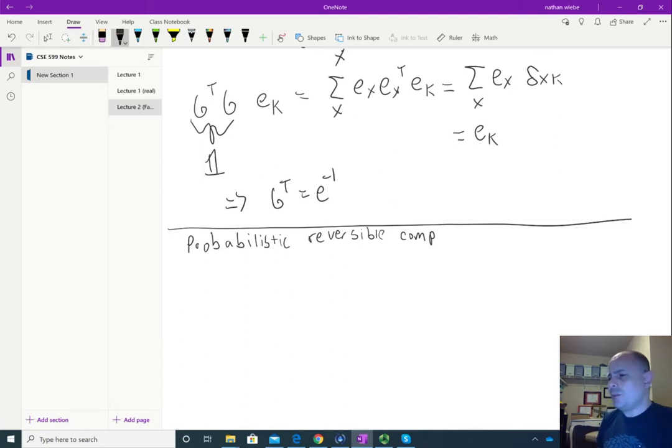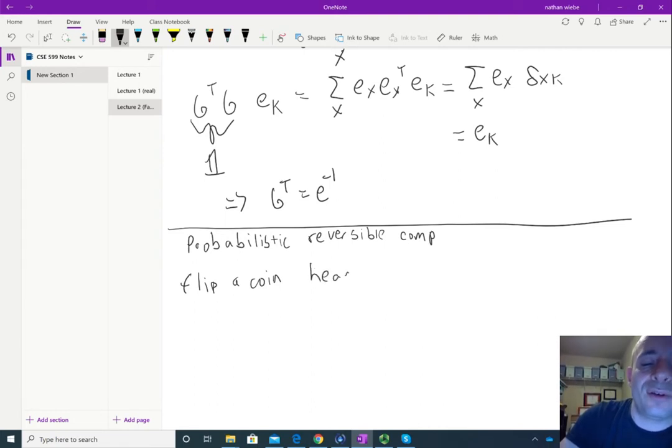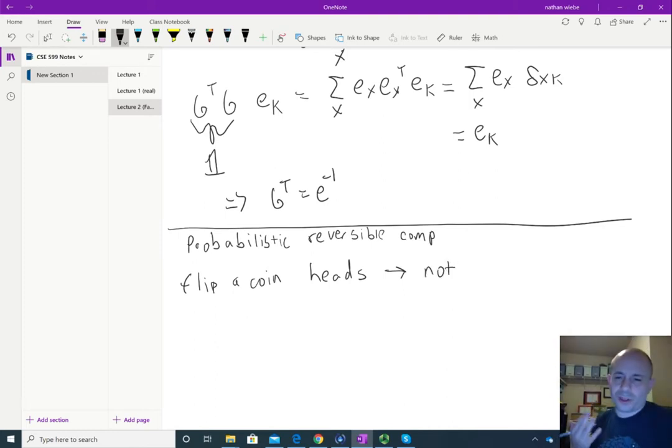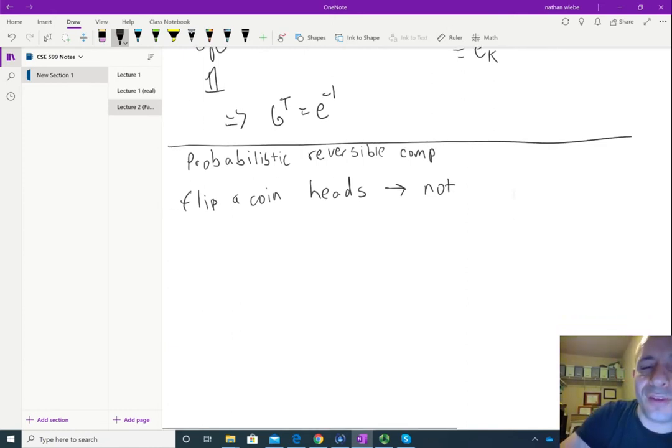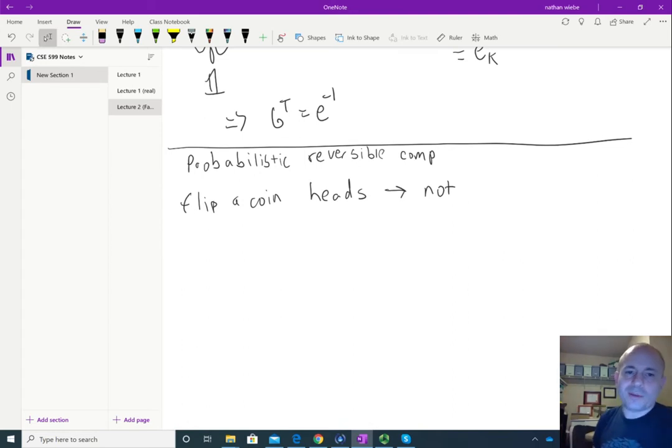You might think, hey, aren't there more probabilistic things you can do? Like, couldn't you flip a coin and heads goes to a NOT gate? Well, we can actually simulate these sorts of protocols inside this framework where we have random inputs by doing the following.